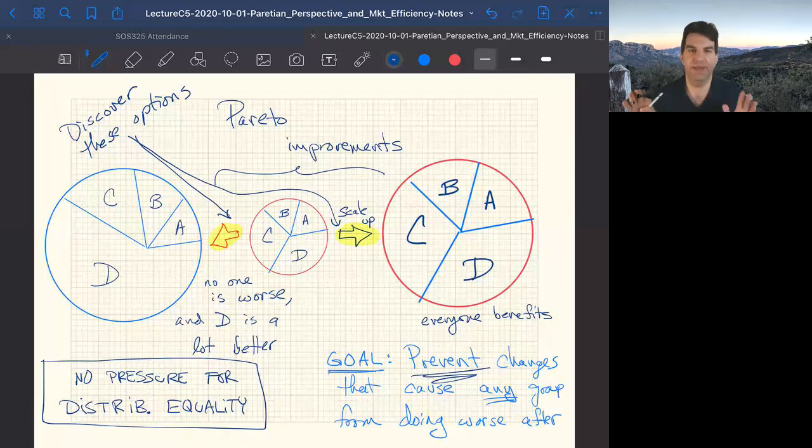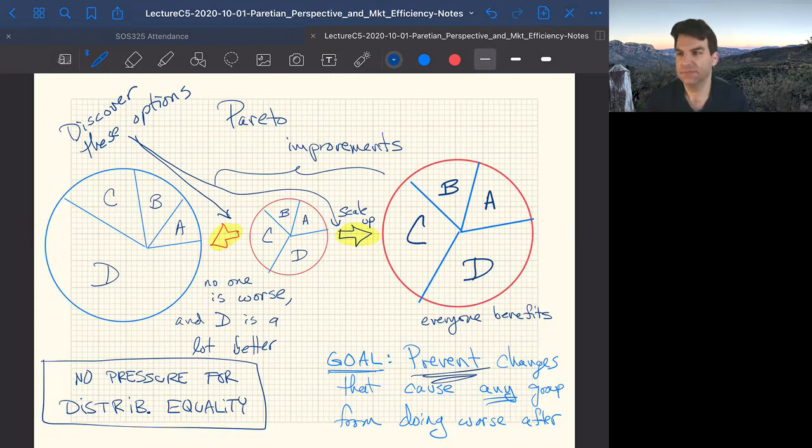In other words, I am unwilling to make any policy changes that cause a group to do poorly. Does anyone see a problem with that? Why would that be impractical?